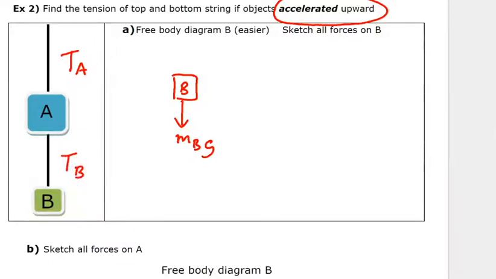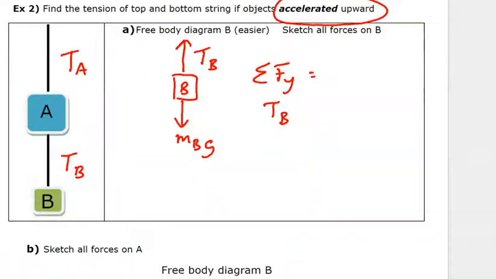Okay, so the bottom box, start at the bottom, that's simple. Call it TB. And we can see the sum of the forces in the y direction equals 0. TB, well, wait a second, hold on. They don't equal 0 because they're accelerating. So the sum of the forces, it's going upward.